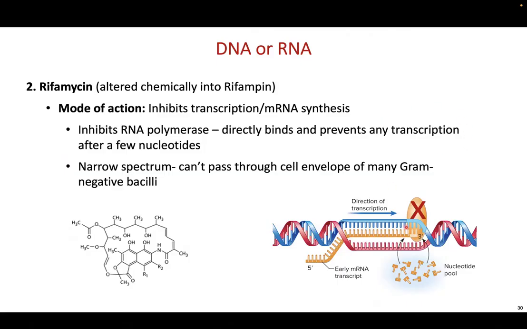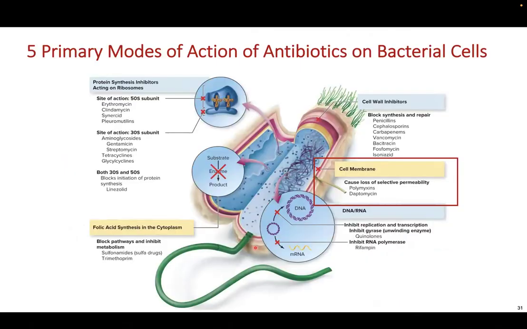As you can see, during normal DNA or RNA synthesis, the polymerase has to bind. What it does is block the binding of the polymerase, so there is no further synthesis happening. This is more of a narrow spectrum antibiotic, and it can pass through the cell envelope of many gram-negative bacilli.